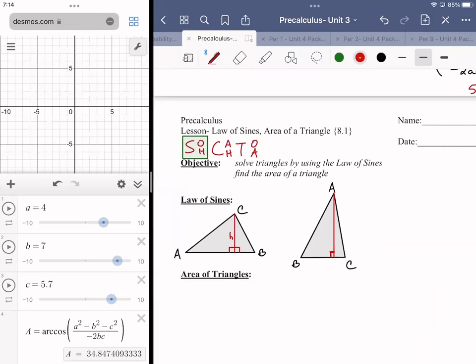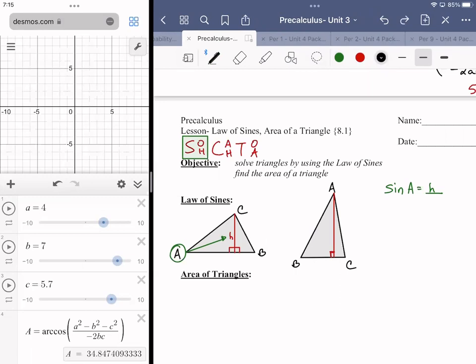All right. So we can come up with a ratio here, and this ratio would be the sine of angle A would be the opposite of angle A, which would be H, over the hypotenuse, but that hypotenuse is dependent on whatever we call this angle.